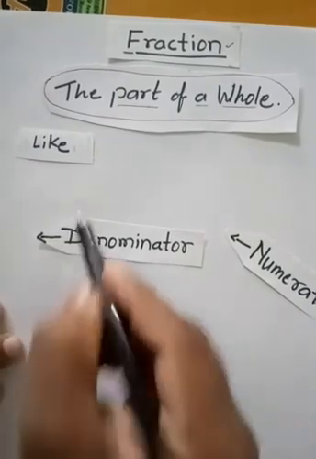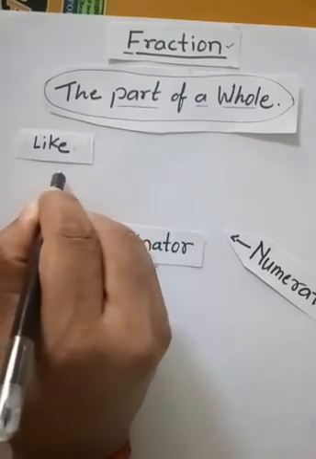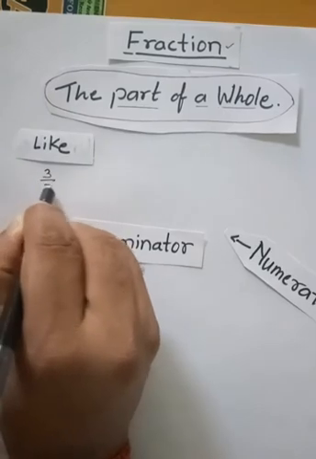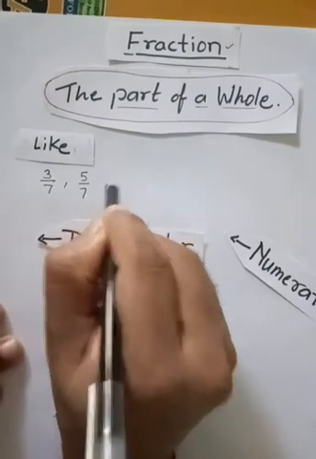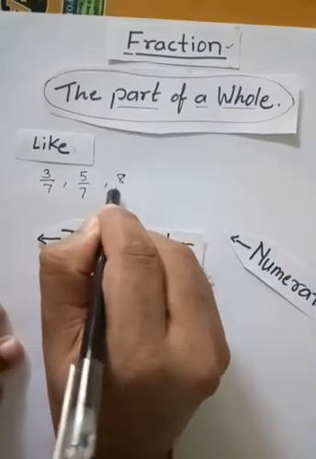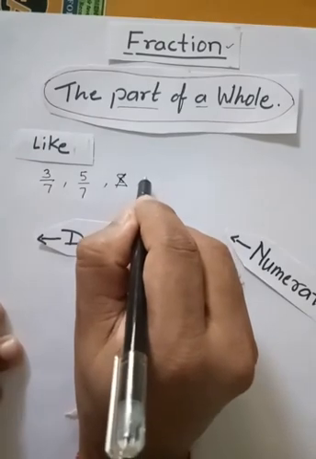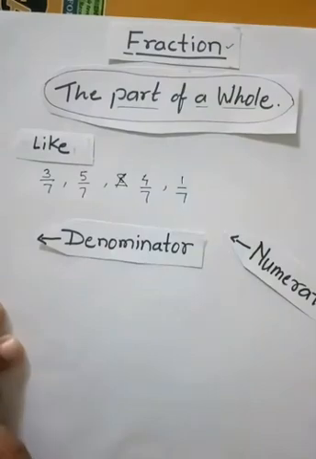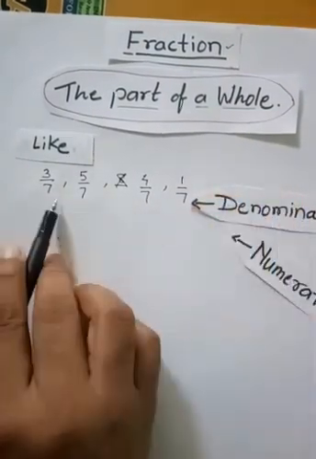Suppose you have selected 3 by 4, okay, something like that. I will take 3 by 7, or 5 by 7, or 4 by 7, or maybe 1 by 7, something like that. If you look at the denominators, all the denominators are the same here, right?